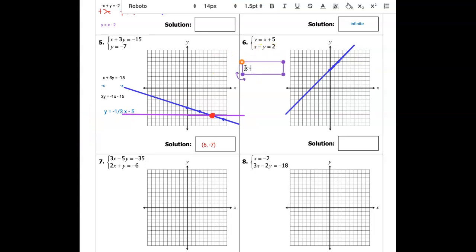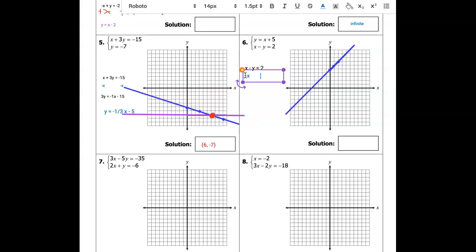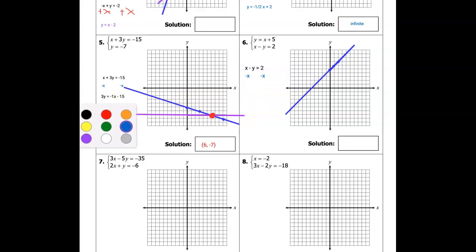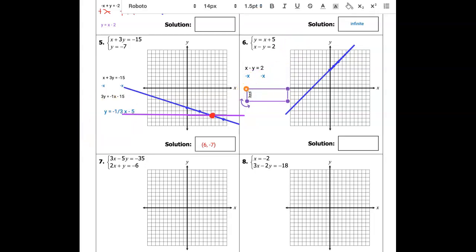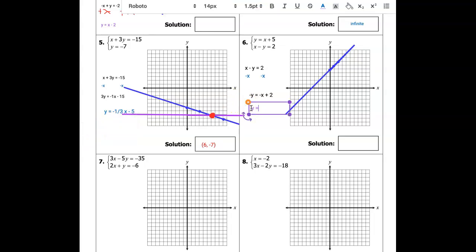So right now we have x minus y equals 2. We're going to start by subtracting x from both sides. Now I have negative y equals negative x plus 2. And then when we divide by negative 1, we get y equals x minus 2.